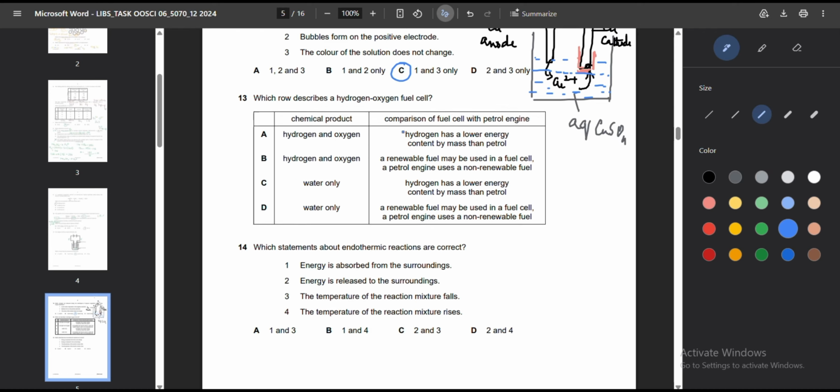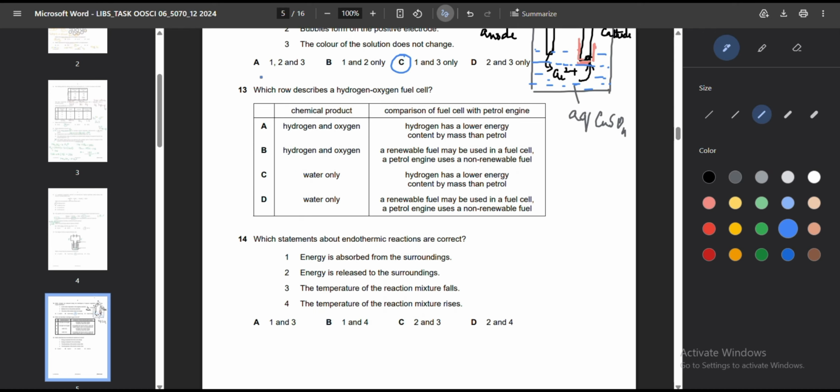Okay, next one is question number 13. Which row describes a hydrogen oxygen fuel cell? All right, so in a hydrogen oxygen fuel cell, the product is only water.